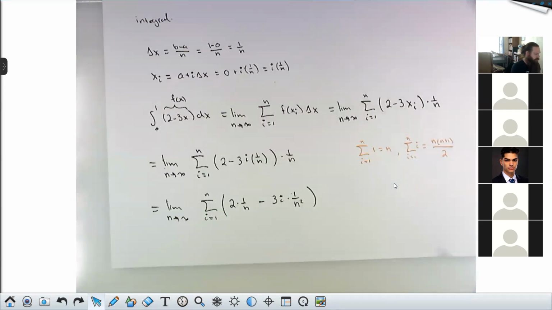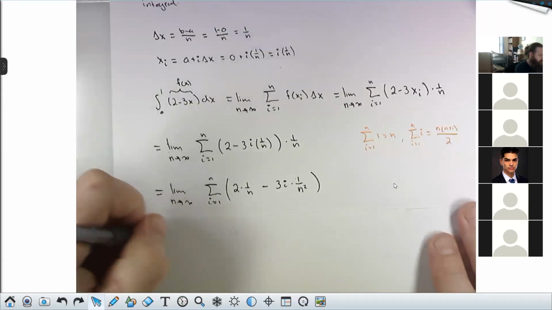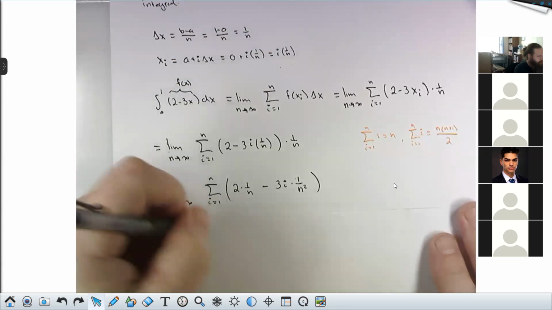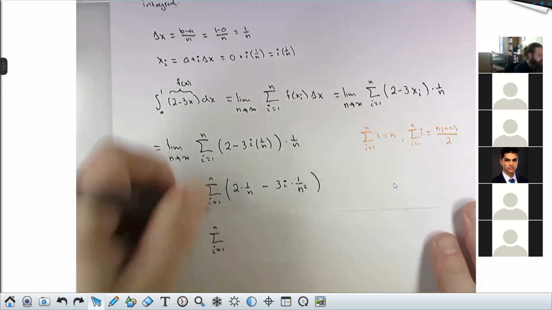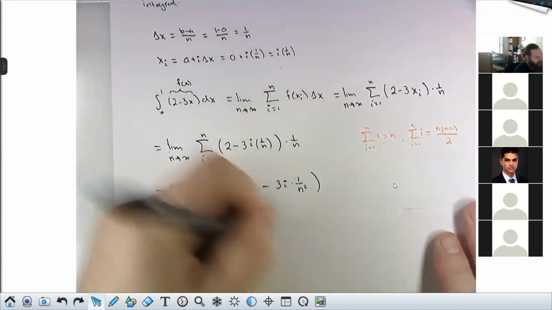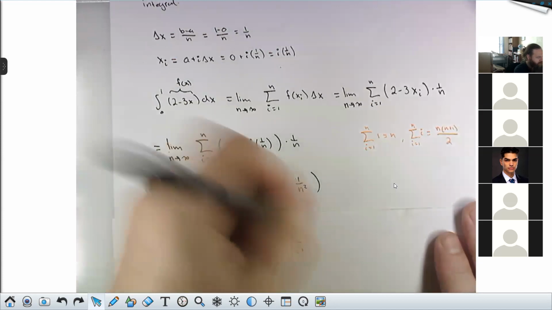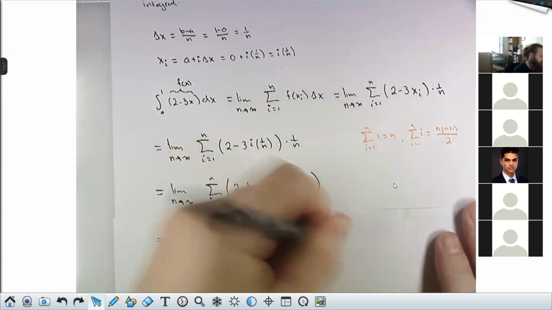So this goes back in. This will look like the limit as n goes to infinity, and then I'll have the sum from i equals 1 to n of 2 times 1 over n minus the sum from i equals 1 to n of 3i times 1 over n squared.